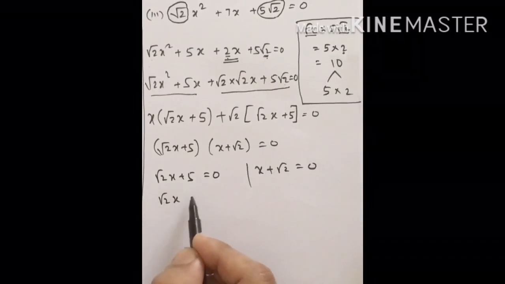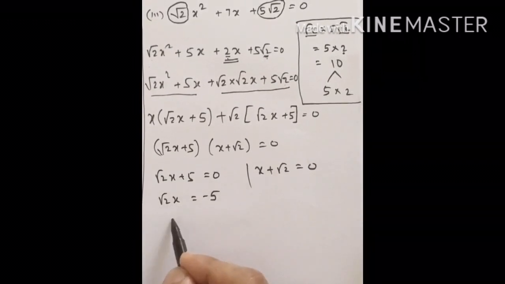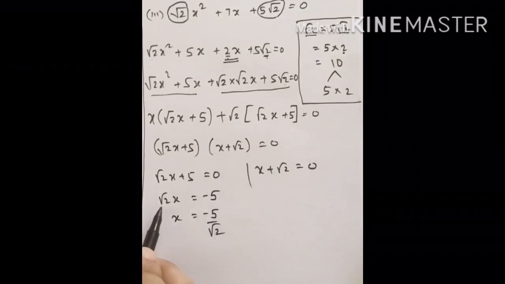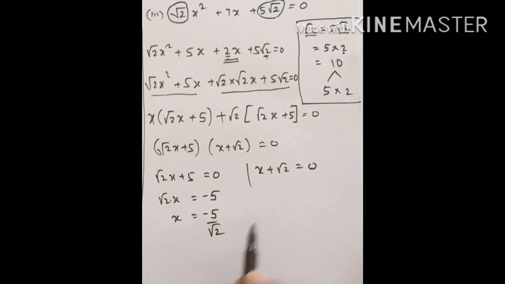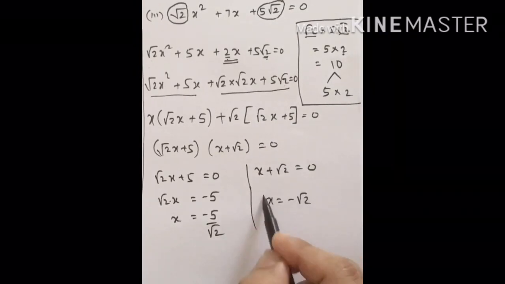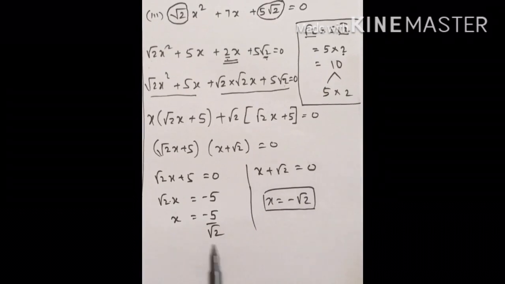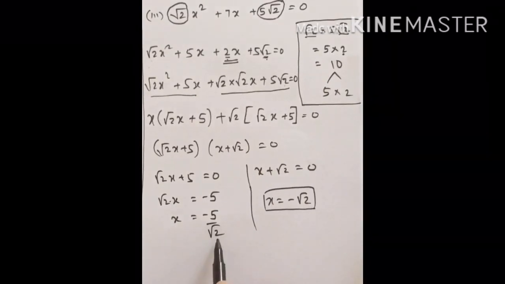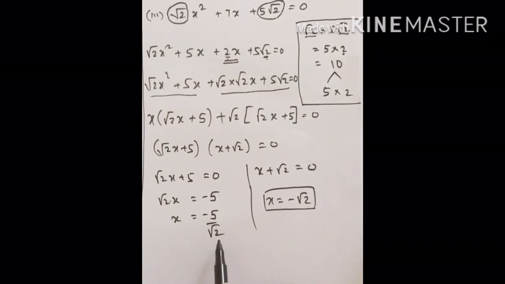So root 2x is equal to minus 5. X is equal to minus 5 divided by root 2, because this multiplication becomes division. And here x is equal to minus root 2. This is one solution. Here the denominator should not be an irrational number. The square root of any prime number is an irrational number.